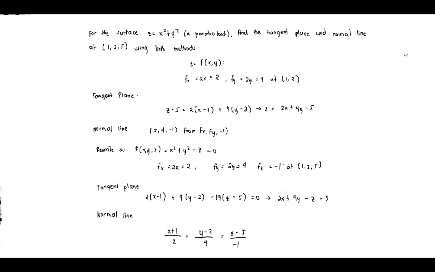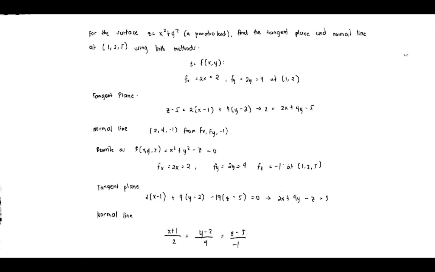Now we have here the solution using level surface form. So we rewrite it as F(x, y, z) equals x squared plus y squared minus z equals 0, according to the special case we said earlier. So we now have F_x equals 2x equals 2, F_y equals 2y equals 4, and F_z equals negative 1 at the point (1, 2, 5).